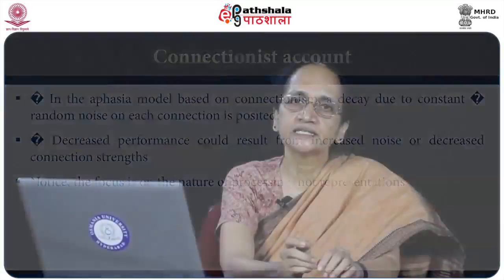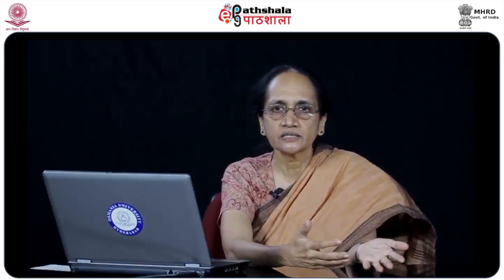What is the proof that connectionism is a better way of explaining language processing in the brain than the modular models like Ellis and Young that we discussed earlier? These are all computer based models. Mostly computer scientists, in interaction with linguists and neurologists, develop these models.